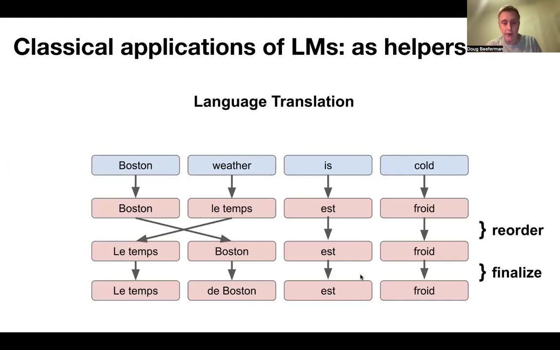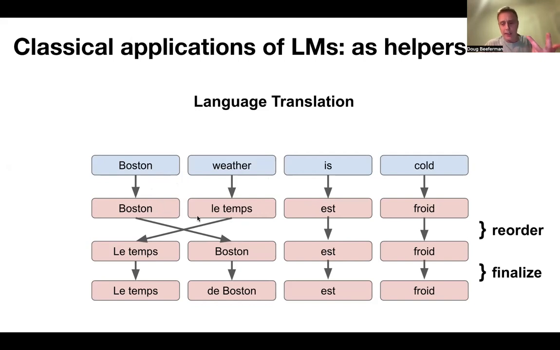Language translators classically were also written to use language models as helpers. You might imagine a simple architecture for a system that translates between English and French. It might first translate each word one at a time, and then use a language model, because clearly if I do that for English and French, it's going to get word order wrong, among many other things.